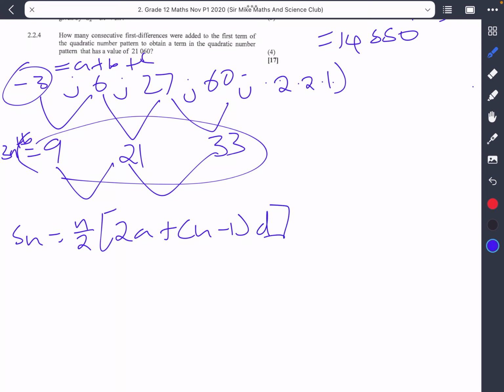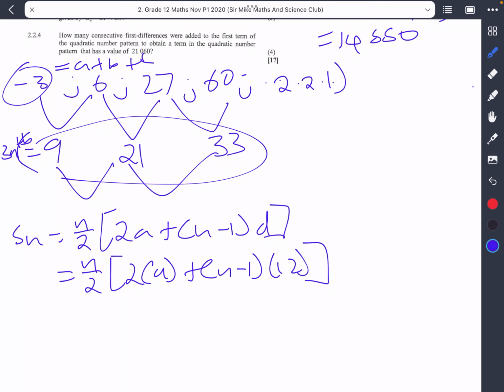So we have n divided by 2 times 2a, which would be 9, plus n minus 1 multiplied by d, which was given as 12.